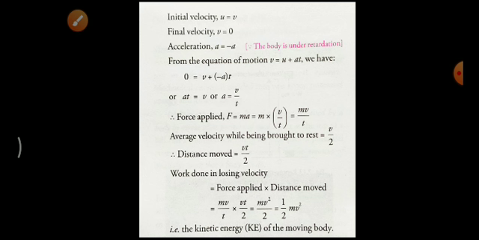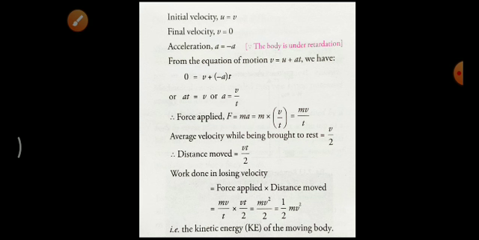So how much is the distance moved? You know that velocity is equal to displacement by time, so the distance is equal to v into t divided by 2, that is velocity into time. Yes or no?